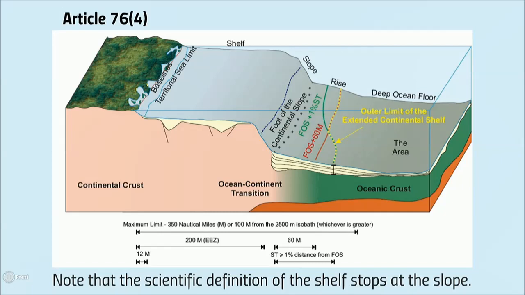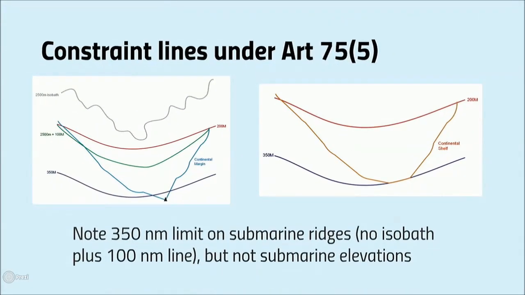Now, there's then a question of, all right, that is the prima facie definition of the continental shelf as a matter of law, and beyond that lies the area. But what if this gives you an extraordinarily large area? Are there certain limits? And the answer is yes.